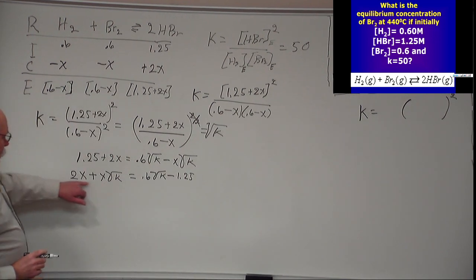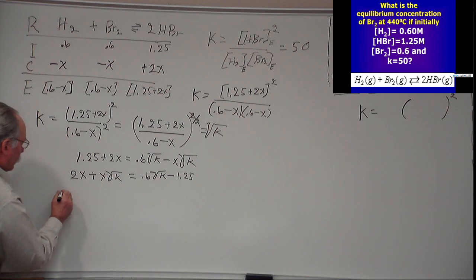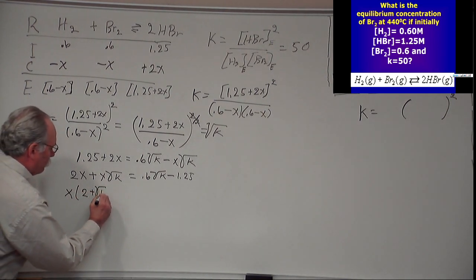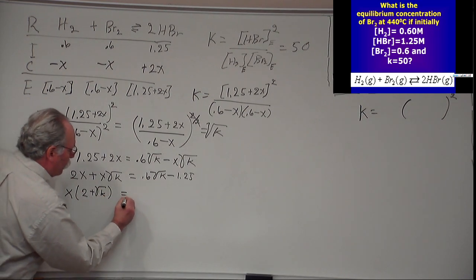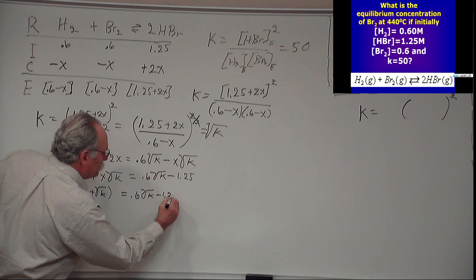Now I'm going to factor out the x. So x times 2 plus the square root of K is equal to 0.6 times the square root of K minus 1.25.